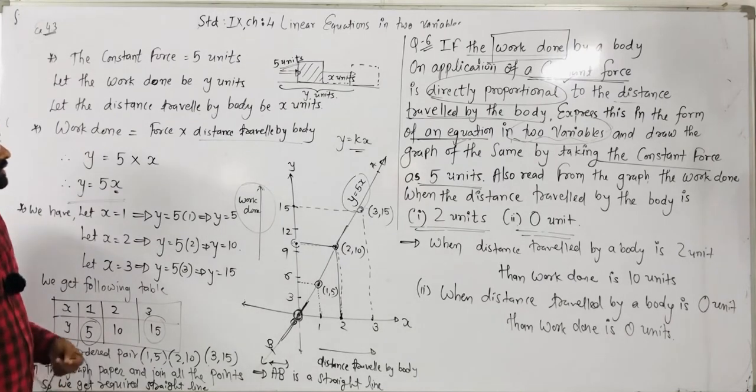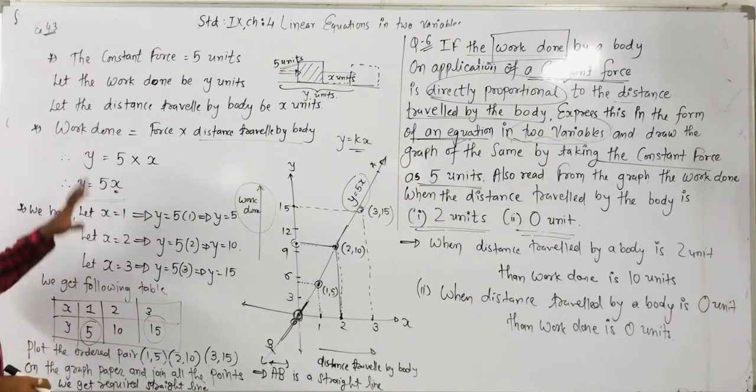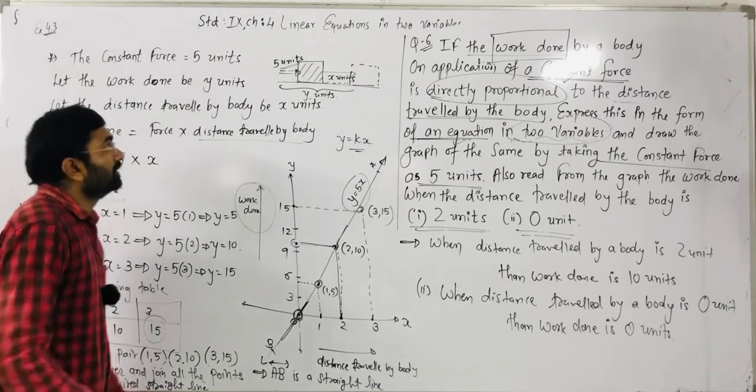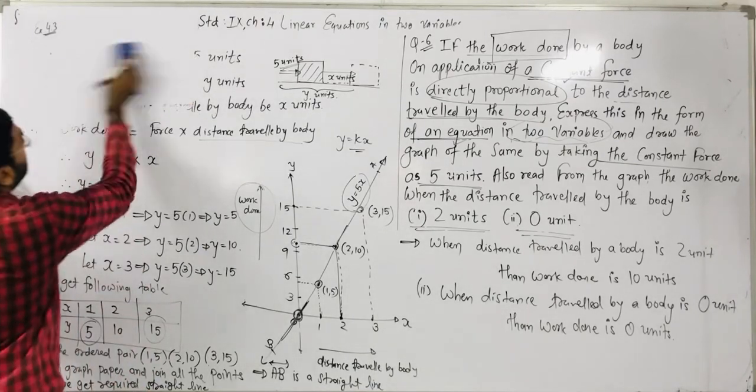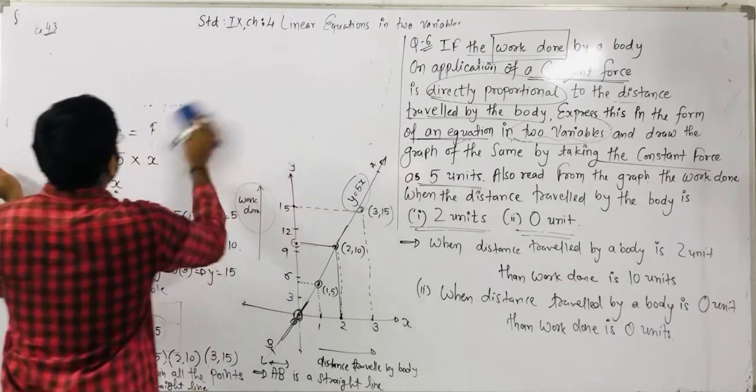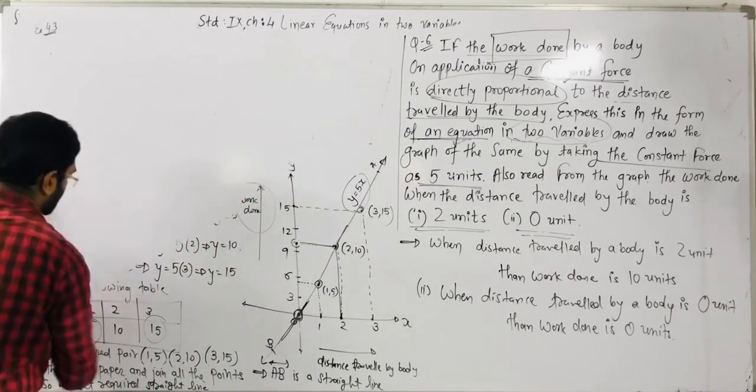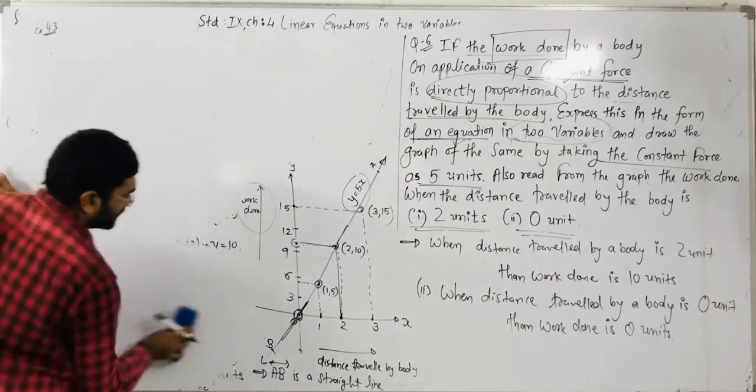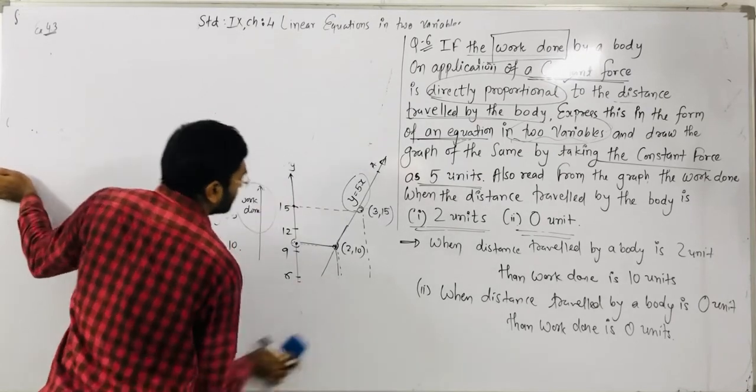I hope all of you understand very well, and it is a very interesting sum. Right? Now we have to solve question number 7, in which a statement type question like question number 6 is given.